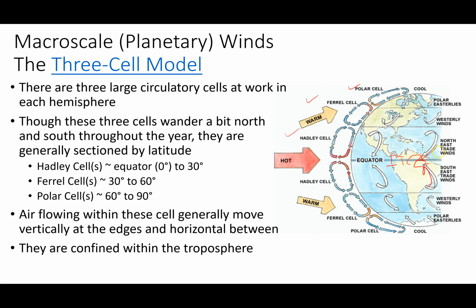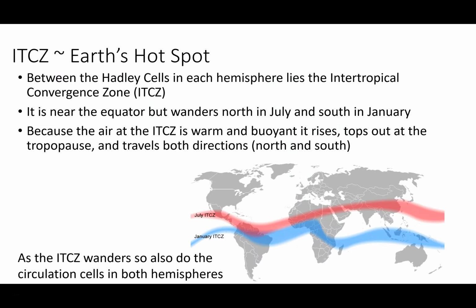These are easterly trades, and then we have a westerly wind as part of the Ferrel cell. Associated with the polar cell, we have another easterly wind. So they alternate at the Earth's surface. And don't forget where these cells break down: 0 to 30, 30 to 60, 60 to 90. Nice and symmetrical.